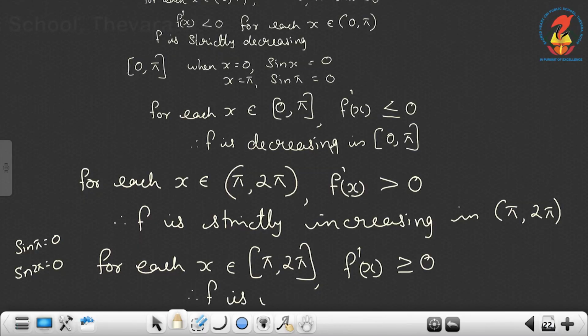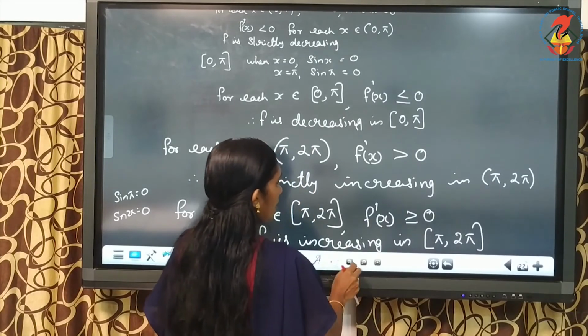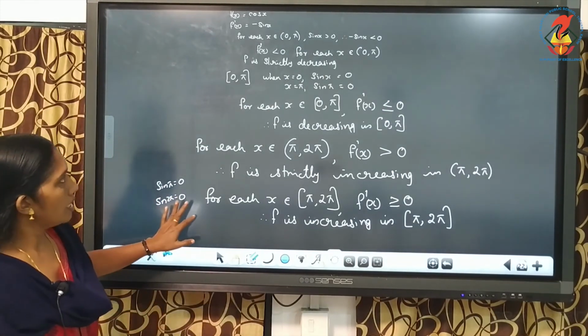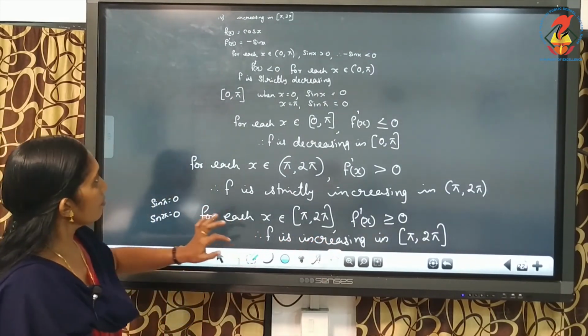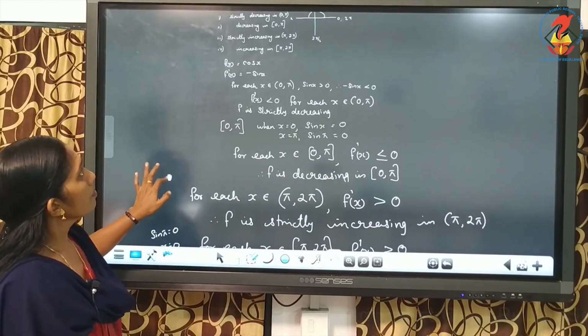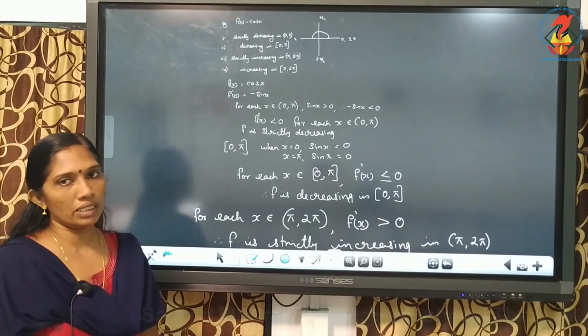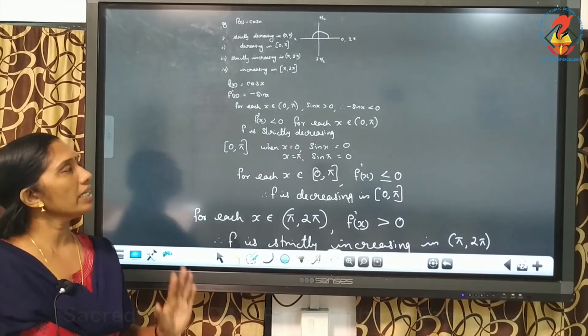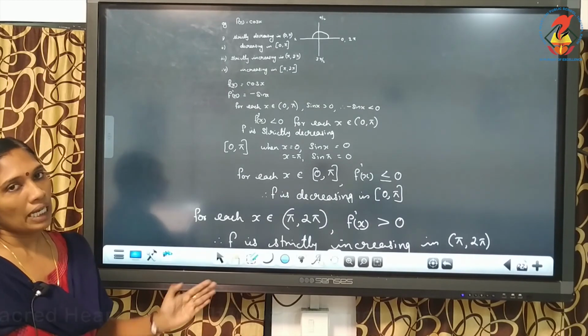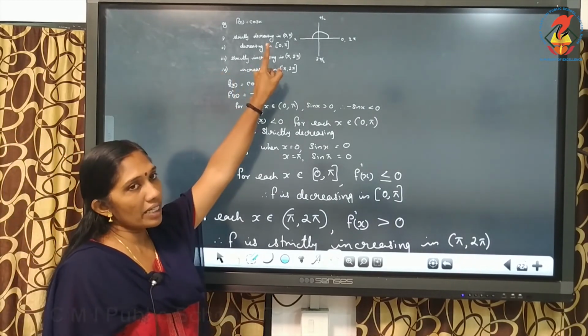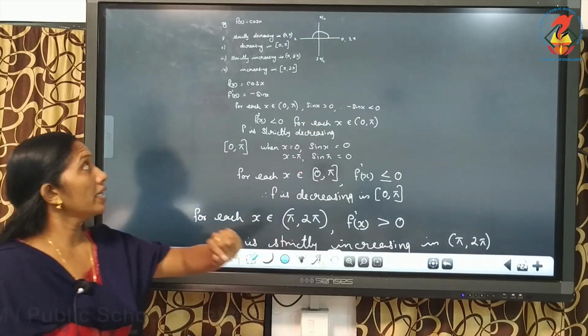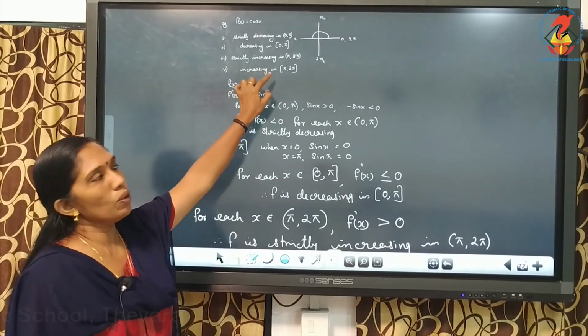Therefore, f is increasing in closed interval pi to 2 pi. Understood the difference? The first one is strictly decreasing in open interval 0 to pi, but decreasing in closed interval 0 to pi, and it is strictly increasing in open interval pi to 2 pi and increasing in closed interval pi to 2 pi.